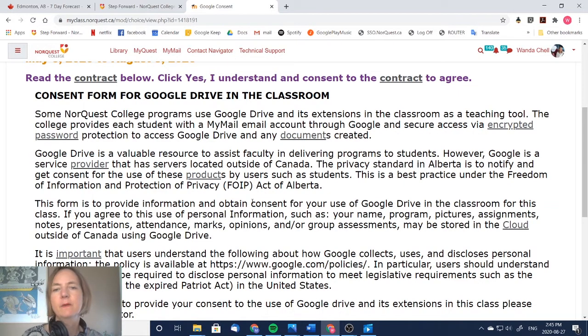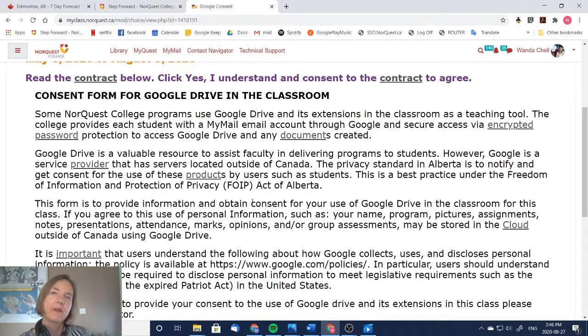Now this consent form is very difficult to understand in writing, but I will summarize it. Make it short. We use Google Documents and Google Tools at Norquest as a way of helping you learn.